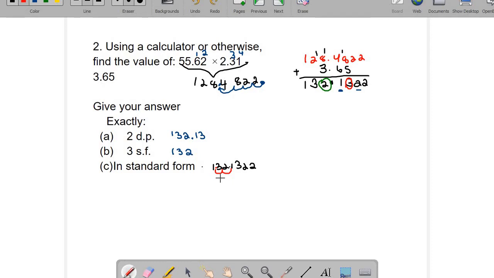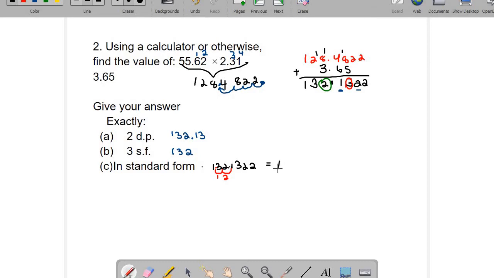Okay, the next thing you're going to do is count how many times you moved your decimal point. So we moved that 2 times. The reason why we're going to count the number of times that we move our decimal point is that we're going to be using it as the exponent or power when we're writing standard form.